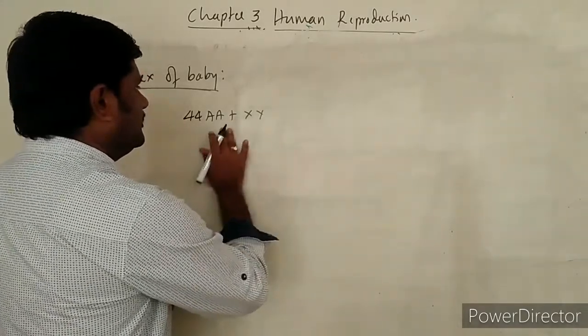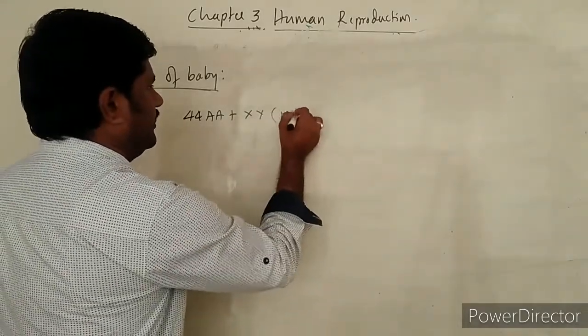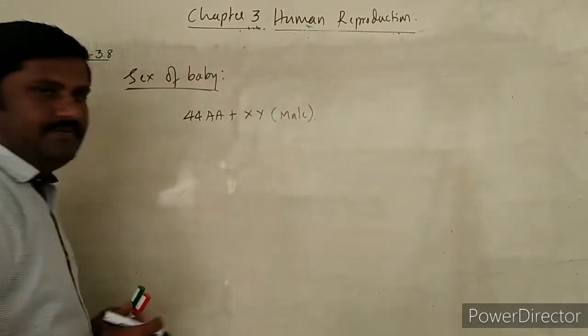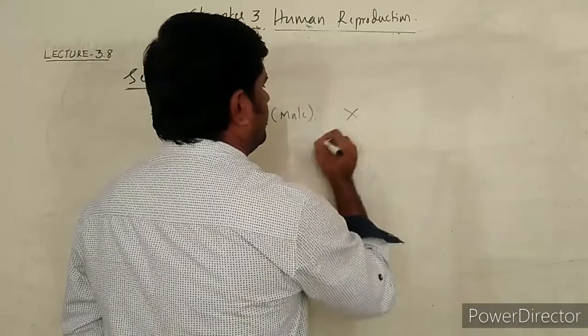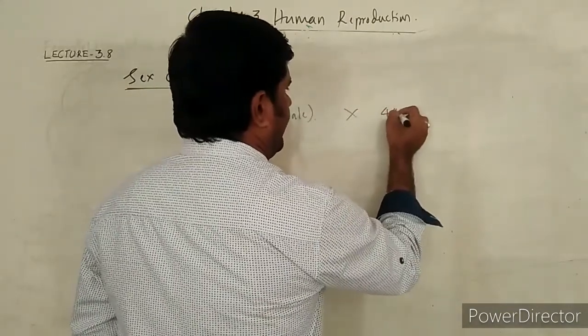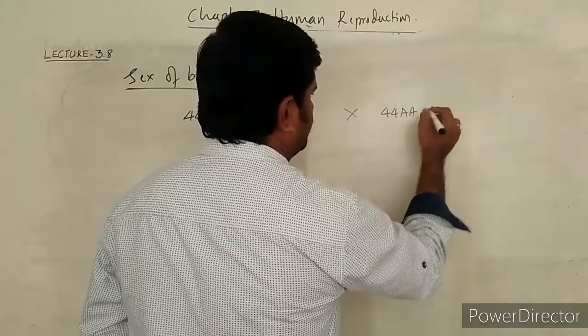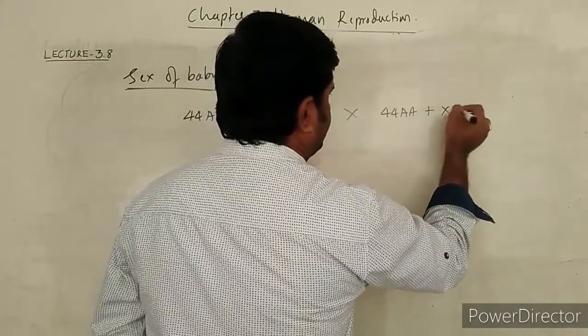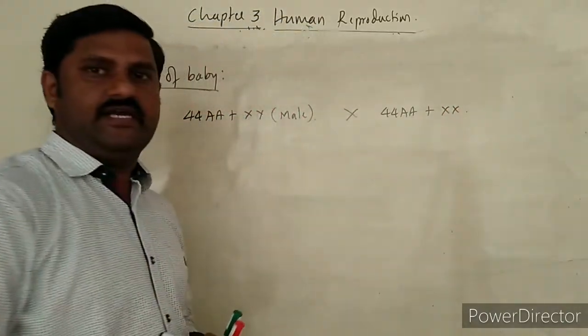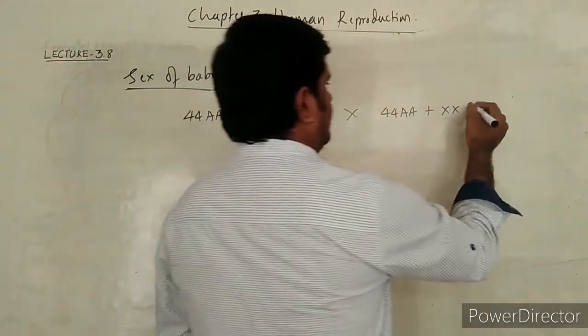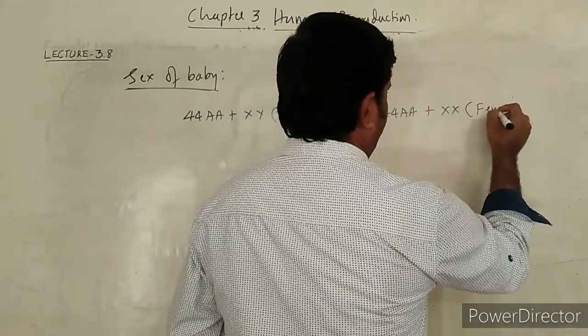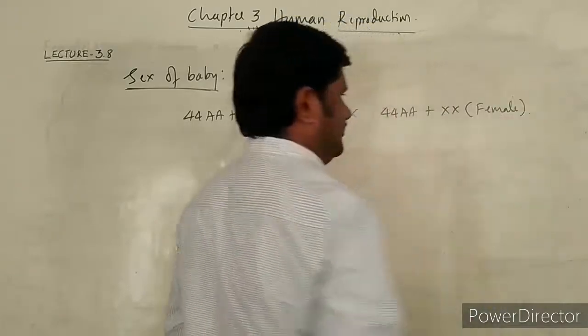And this is the male parent. And the female parent has 44 autosomes and XX, the allosomes or the sex chromosomes. So this is the chromosomal constitution of the female parent itself, right?